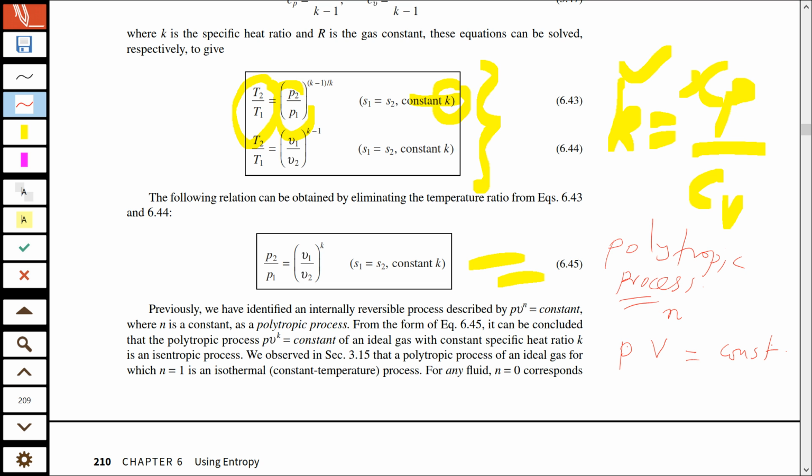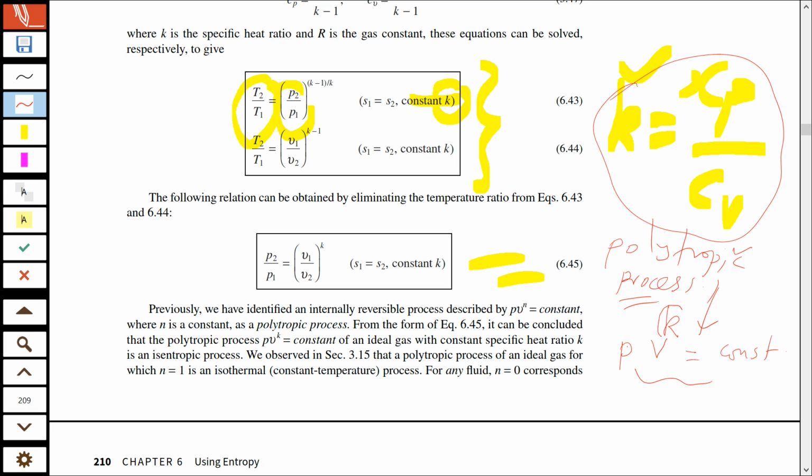Now, if you replace this n not with just any constant, but with k, and remember, k is the ratio of Cp to Cv, this is a special kind of polytropic process.